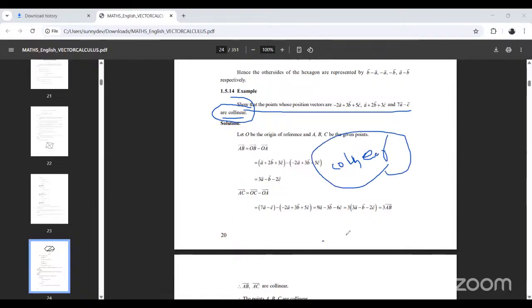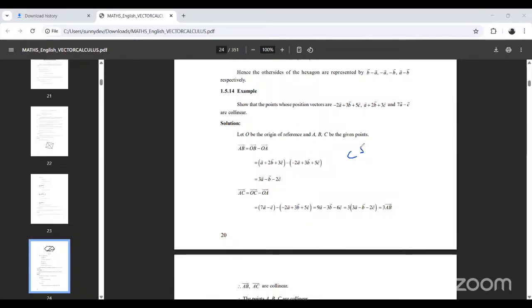Collinear means if A, B, C lie on a line L, that is, if A, B, C lie on the same line, then we can say that A, B, C are collinear. Okay. Next one more term will be there, coplanar. That is different here.